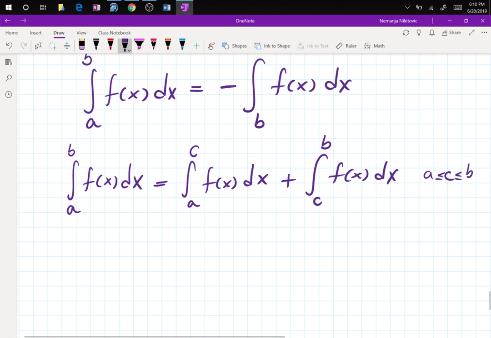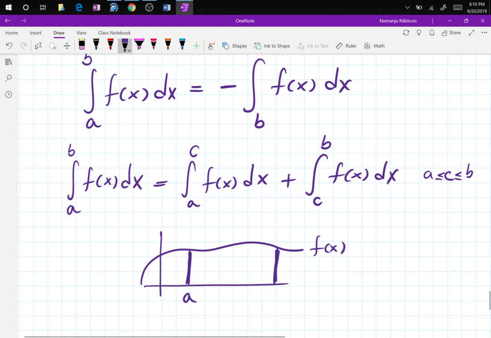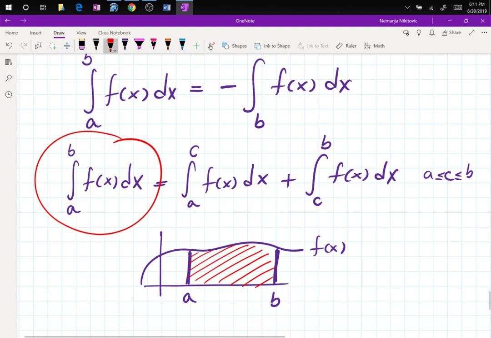Now look at this. Here's the picture that explains what happened. This is your function f of x. Here's your a, and here's your b. Do we all agree that area under the curve is all of this shaded region between a and b? Are we all agreeing on that? And that's what this calculates.